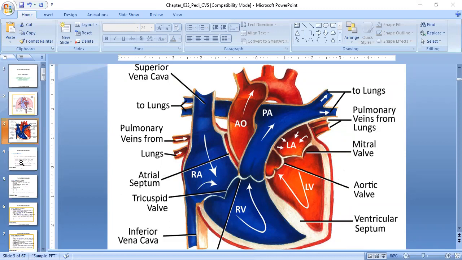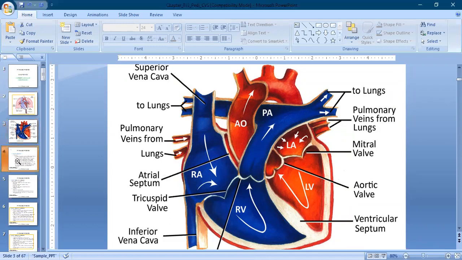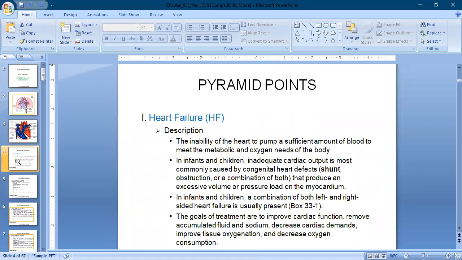So I said you have to have at least a little bit of a clear concept about the terminology. Congenital heart defect patients develop problems from shunt, obstruction, or a combination of both shunt and obstruction.